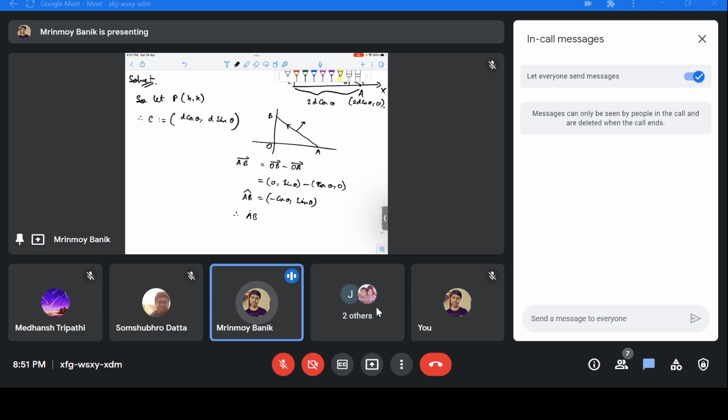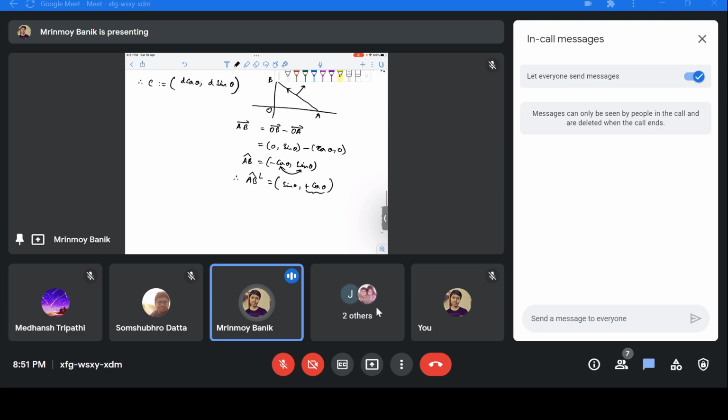Therefore, the unit vector perpendicular to AB is, you just swap them, sine theta minus cos theta, and you just flip the sign of the right coordinate, so make it plus as it was minus before. Basically you're multiplying with minus iota here. So what is the corresponding complex number? The corresponding complex number is minus cos theta plus iota sine theta.